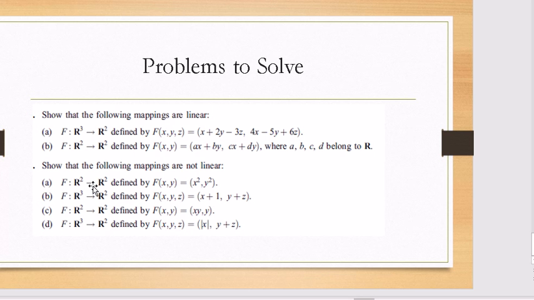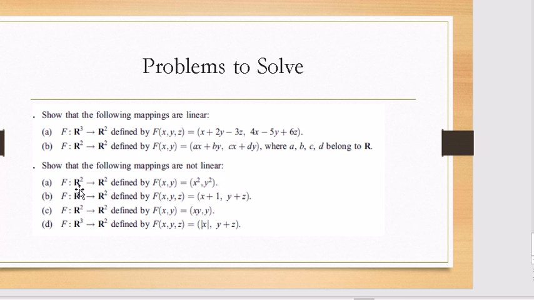To check the second condition, we will take a specific scalar k from the set of real numbers. Whenever a field is not specified, it is understood that our field is the set of real numbers. We will take some scalars, for example we can take -3, 0, or 1, and we multiply this k with some vector v of R2.